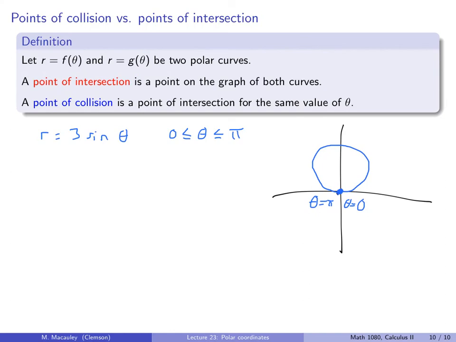It's not wrong to go up to 2 pi, but we're not going to get any extra points. Between pi and 2 pi, there are no solutions, because that would force this side to be negative, and r cannot be negative. It's like the graph of square root of x in Cartesian coordinates.